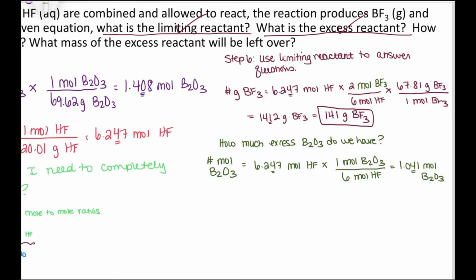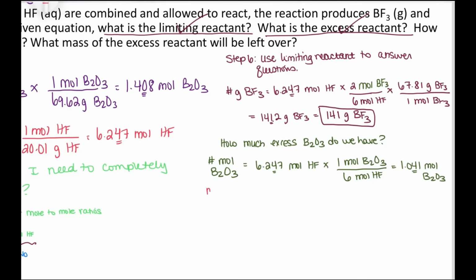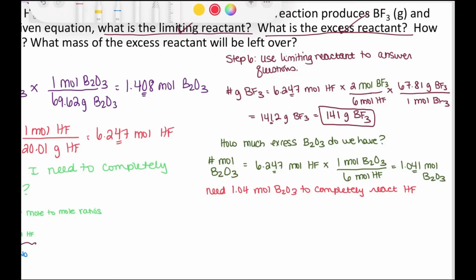I need 1.04 moles of B2O3 to completely react the HF. So if I need 1.04 moles of it, and I know that I have 1.408 moles in my reaction mixture, how much is left over?